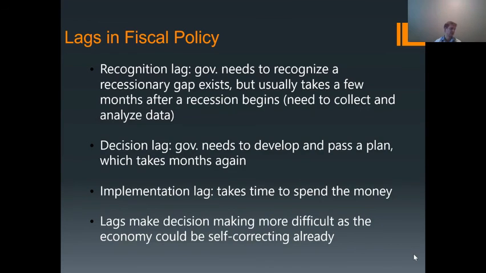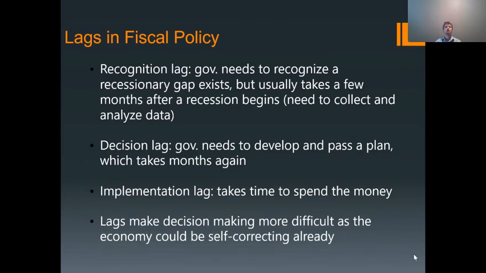After we are in a recession and we've identified being in a recession, well, then we have to make a decision. The government has to develop and pass a plan. They need to pass legislation. Once again, frequently that's going to take months. And then after that, they still have to implement that plan. That takes more time to spend the money.